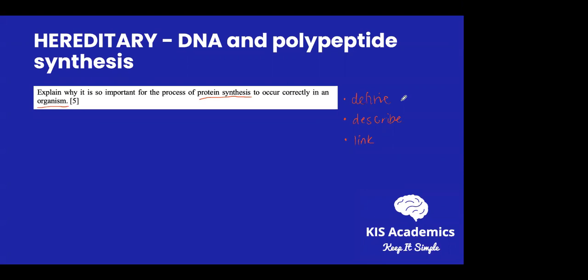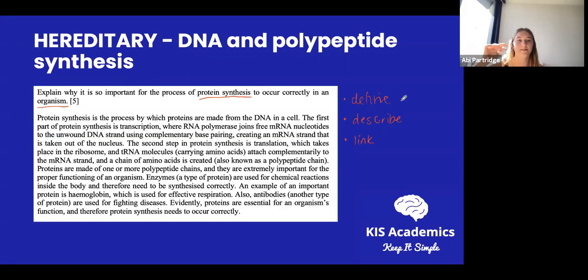It's looking like most people are starting to wrap up. So if you want to give it a go to explain. I'll just put up the answer. I'll just quickly go through it. So first sentence, we've got a definition of protein synthesis. And then we've got describing what happens in protein synthesis.